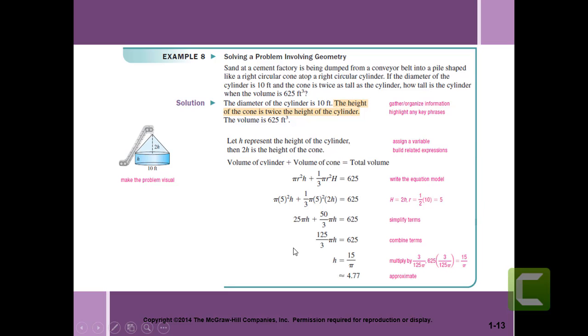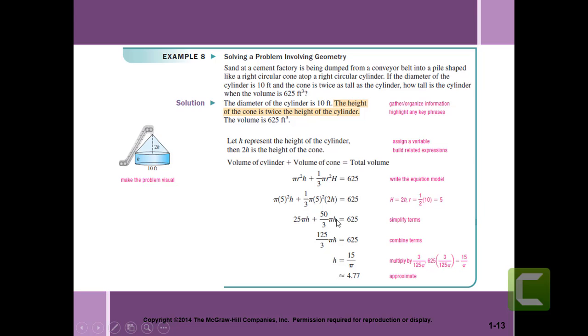Okay, so now here's where we go. So now look at this. So we simplify, right? So this is 25. And this is 25 times 2, which is 50. So 50 divided by 3 because we multiply by 1/3. So now it simplifies to this.